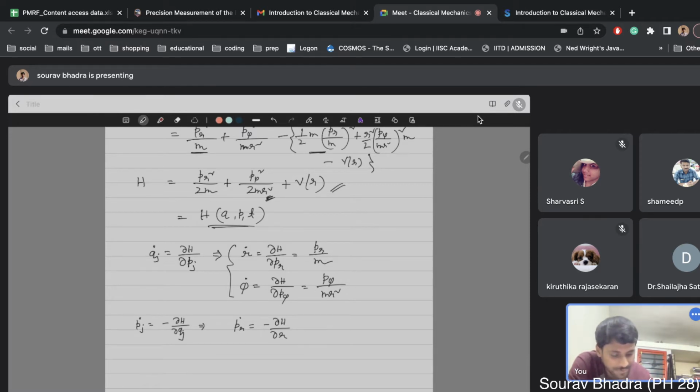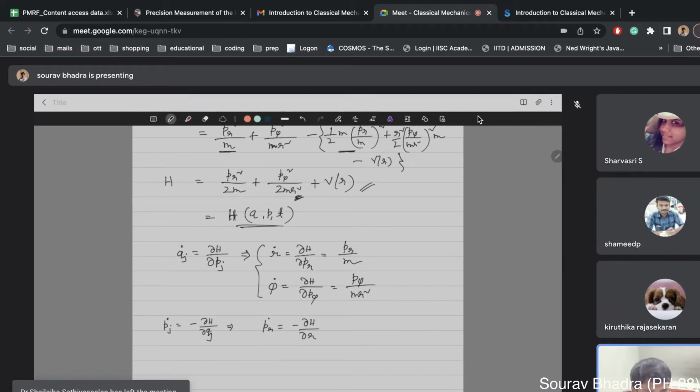So if you do the differentiation with respect to r, then you will get p phi square by m r cube, and your V is also a function of r, that means dV dr.